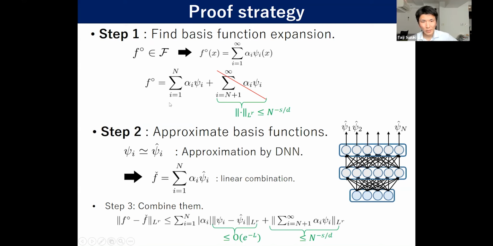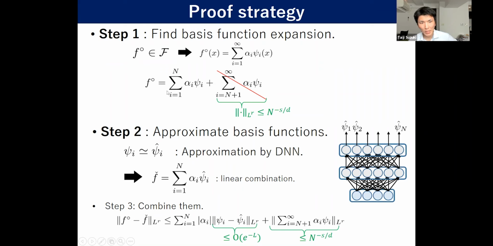And we pick up some n basis functions from this series of summations, and we discard the other parts like this. Usually in some well-known function classes, the norm of this discarded part is bounded by n^(-2s/d).